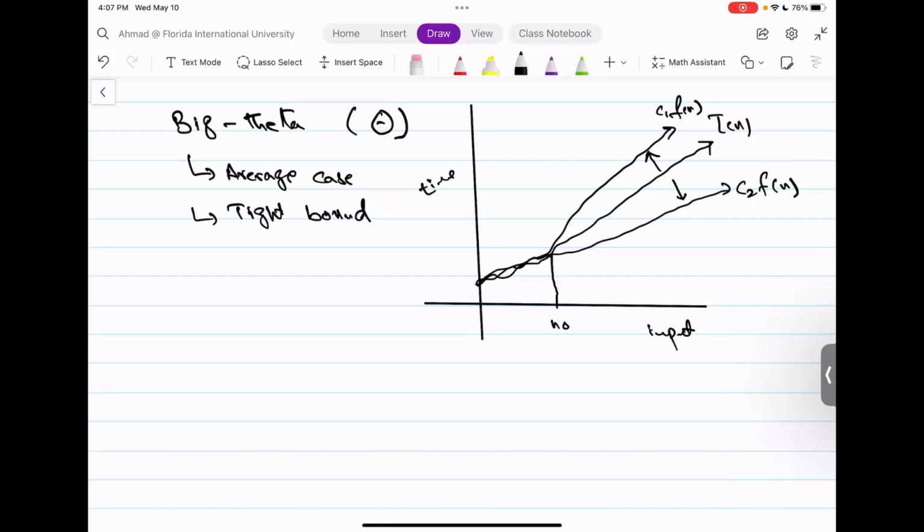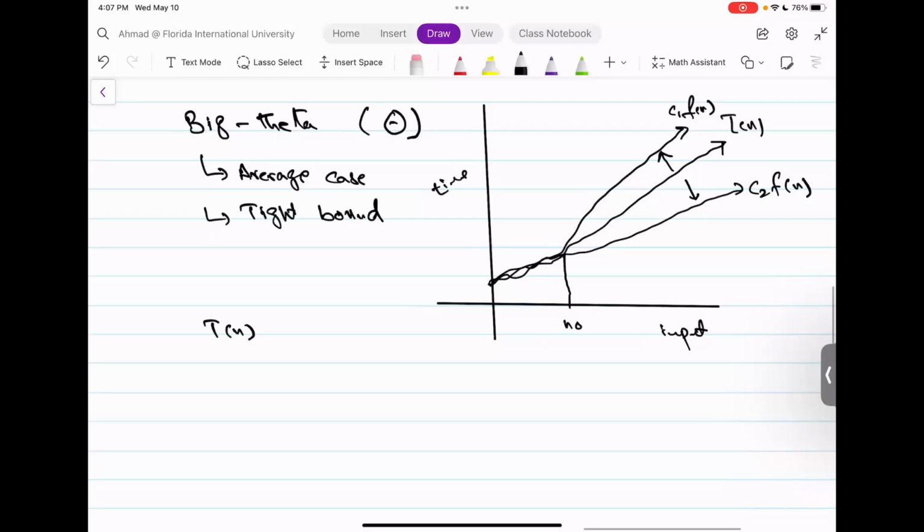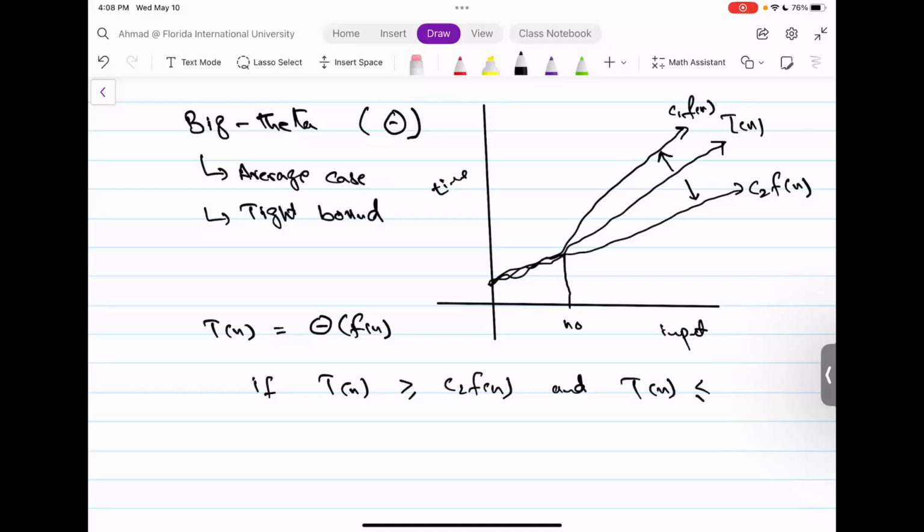Tight bound means my function is tightly bound by the upper limit and the lower limit, right? This is also called the tight bound. And we say that my function T(n) is theta of f(n) if and only if T(n) is always greater than or equal to c2 f(n), and T(n) is always smaller than or equal to c1 f(n).